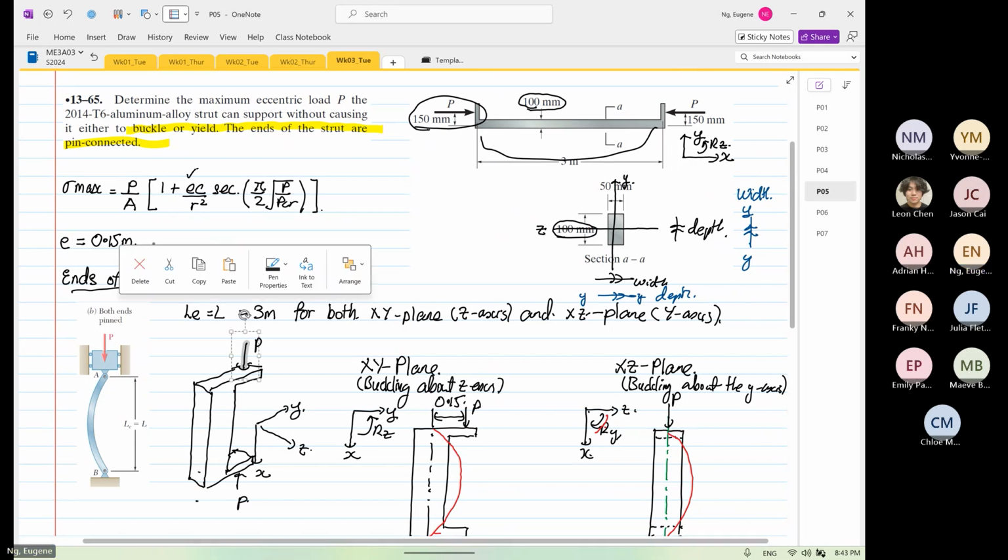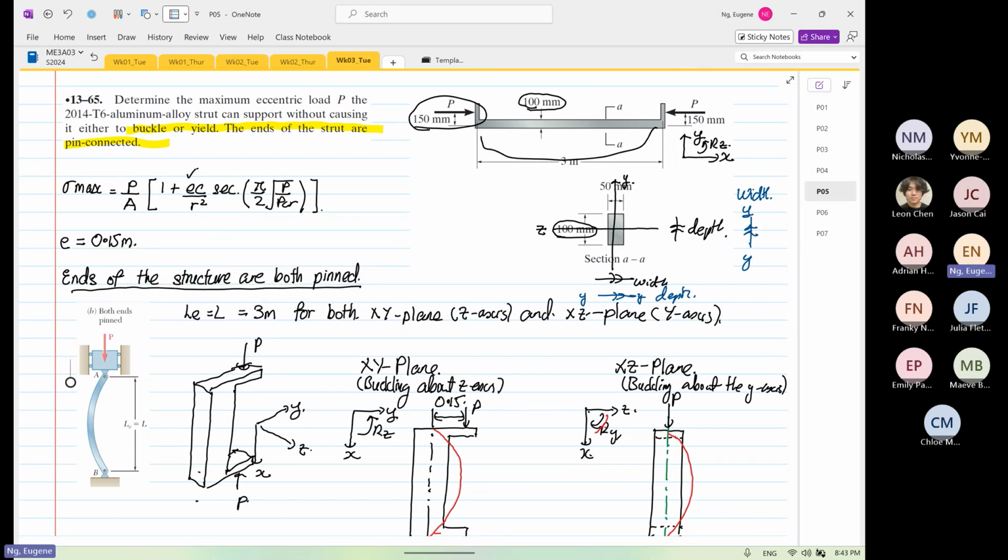Given that E, capital E, for this material is 73.1 times 10 to the power 9 Pascal, and the stress U is equal to 414 times 10 to the power 6.